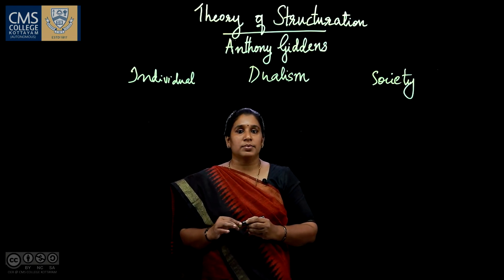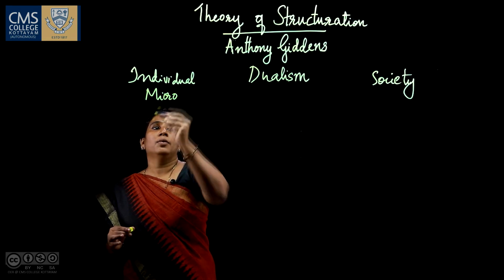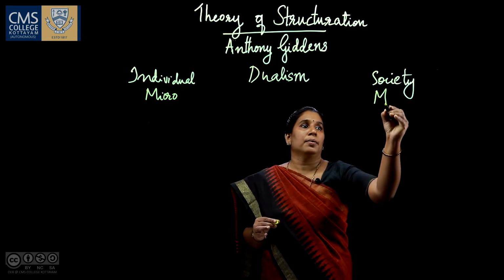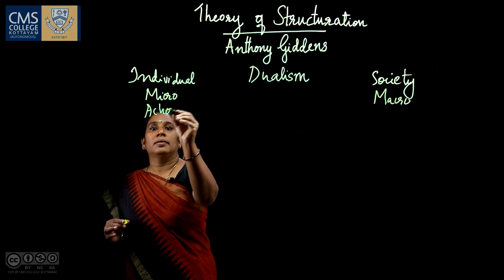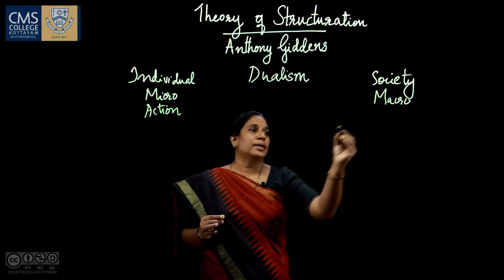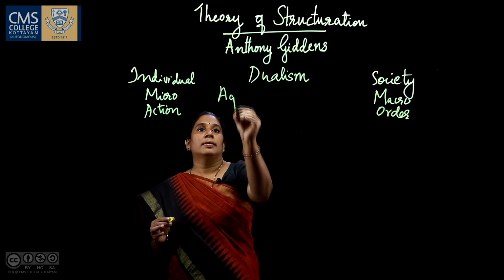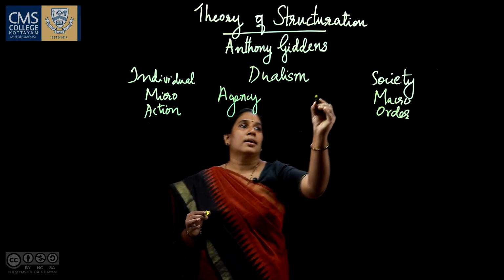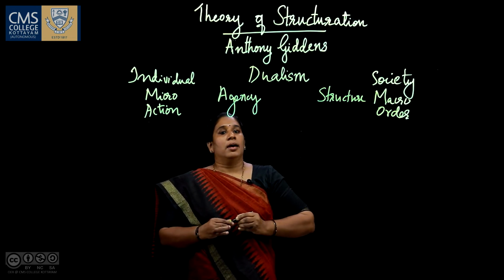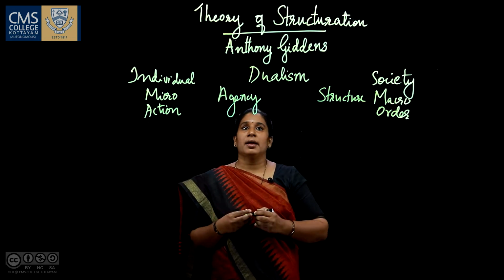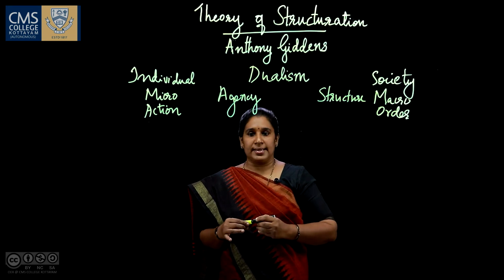For example, the terms such as micro versus macro, action versus order, agency versus structure are some of the terms which express the binary opposite relationship between agency and structure or individual and society.